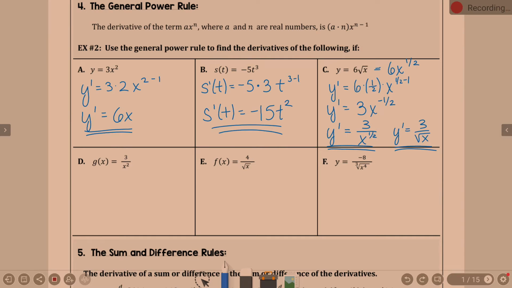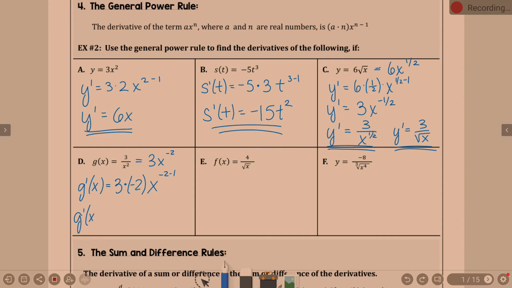Okay, before we start D, instead of it being 3 over x squared, we need to think of this as 3x to the negative second. So g prime of x, we already have 3 times negative 2, and then x to the negative 2 minus 1.